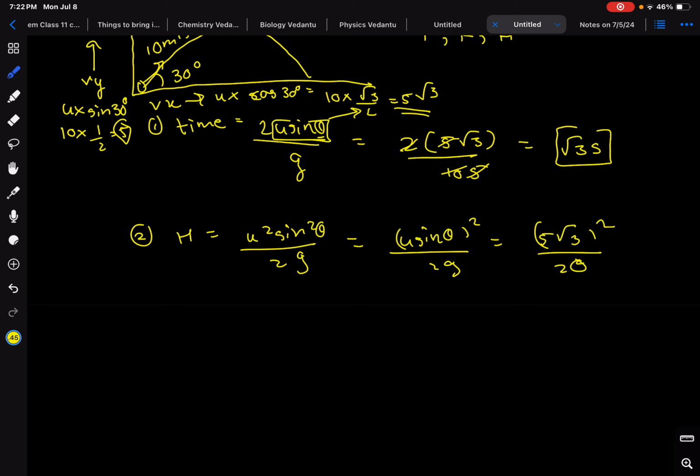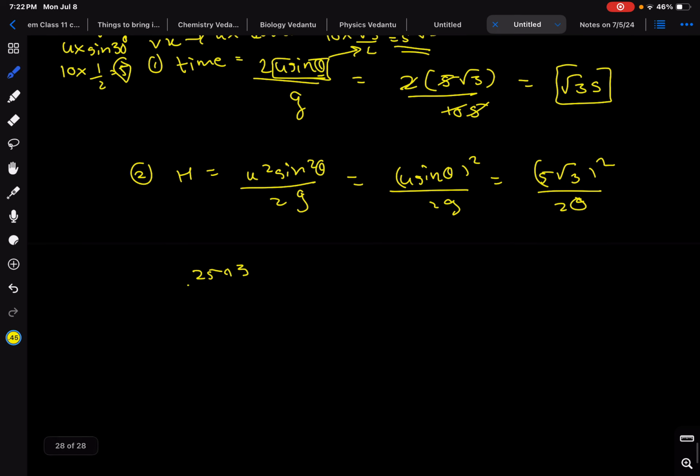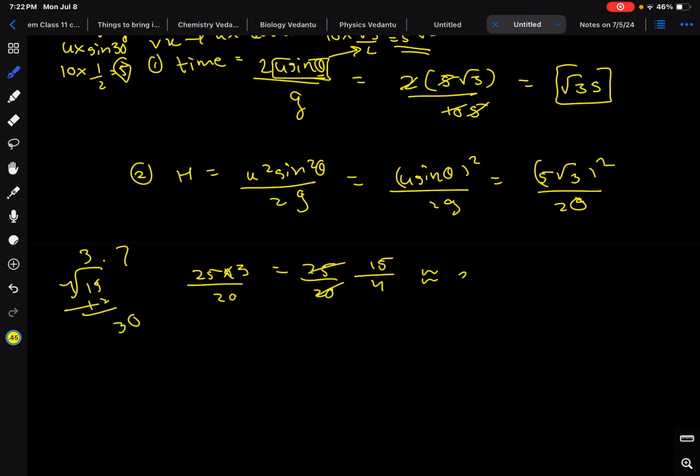Since 2g is 2 times 10, which is 20, this is equal to 25 times 3 upon 20, which is 75 upon 20, which is equal to 15 upon 4. 15 upon 4 is around 3.7 meters.